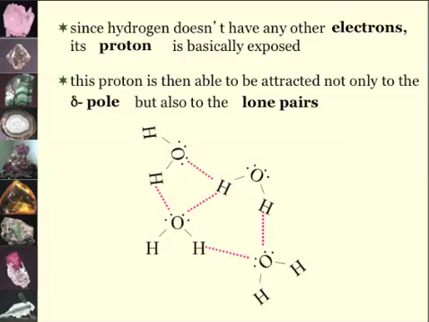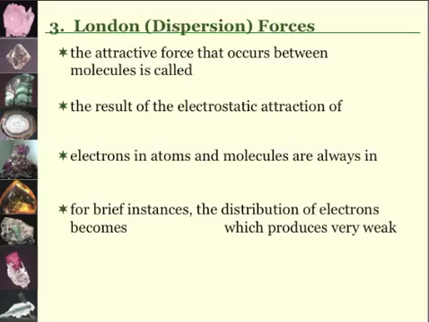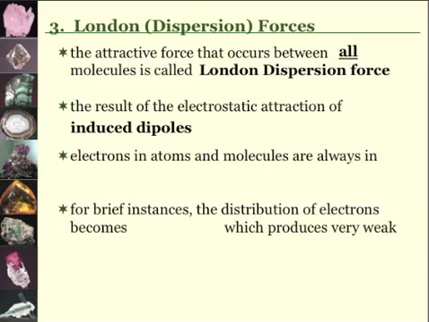Okay? We also have London dispersion forces. This attractive force occurs between all molecules and is called the London dispersion force. It's the result of the electrostatic attraction of induced dipoles. So these are not dipoles within the molecule, but ones that are induced.